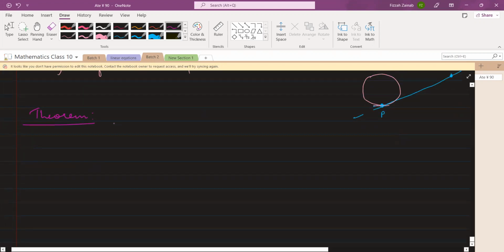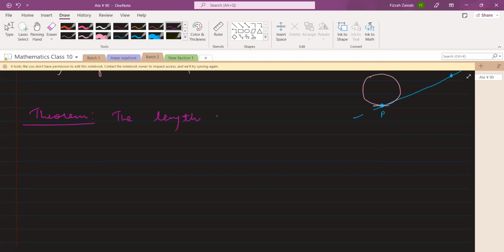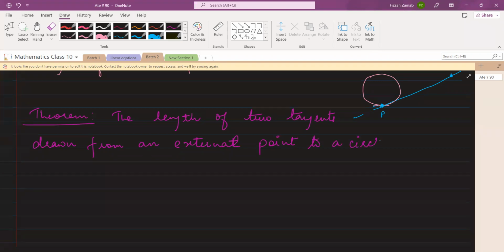So the theorem is: the lengths of two tangents drawn from an external point to a circle are equal.